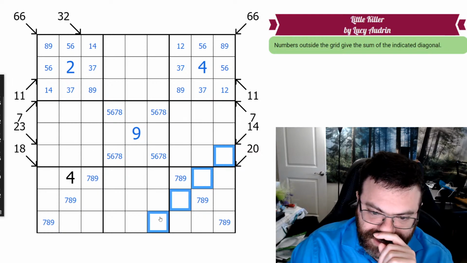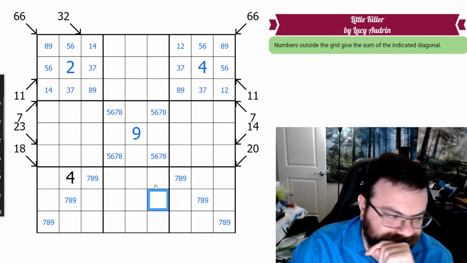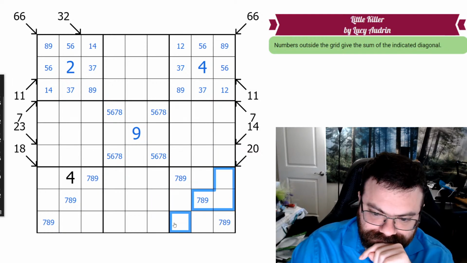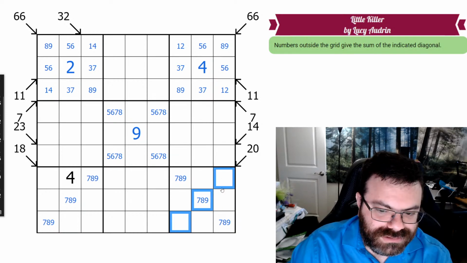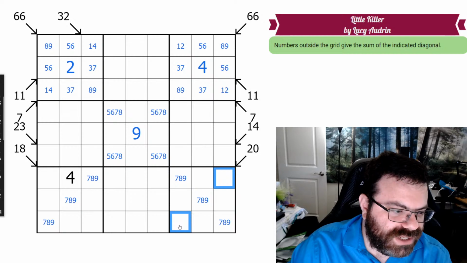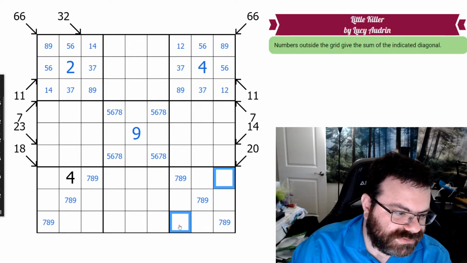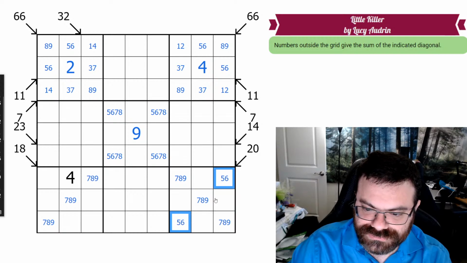These average 3.5. So 20 and 3. I can only use one of 7, 8, 9. So yeah, this is 5, 6, 9, I think. That puts a 9 here.